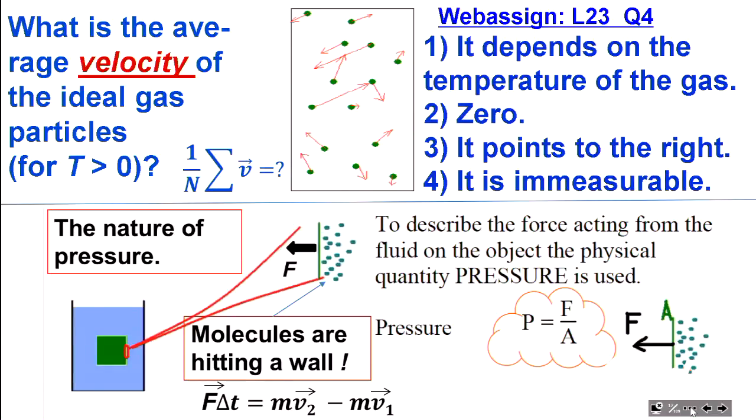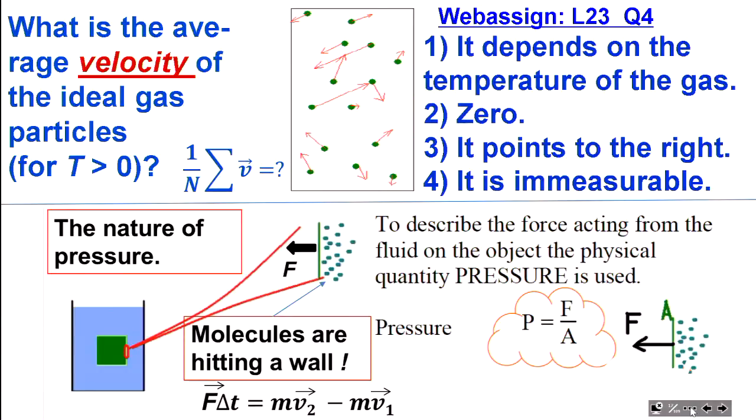That's it. If particles travel faster, they collide with the wall more times per second, higher pressure. If a particle travels slower, there is a lower number of collisions, lower pressure. If they don't travel at all, freeze, pressure is 0.